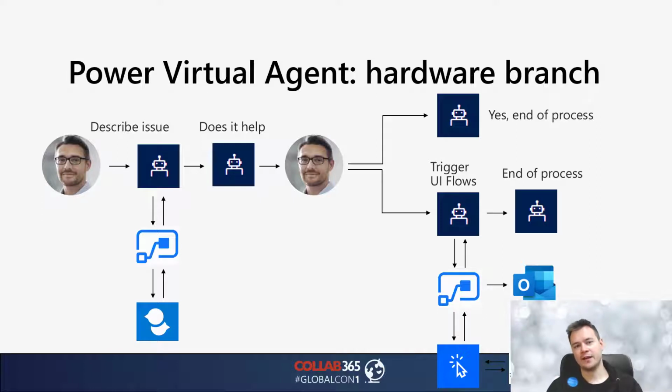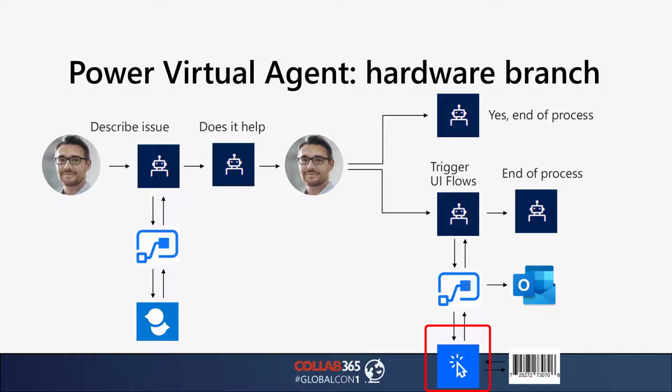then what the chatbot is actually doing is triggering a UI flow that is generating a barcode that is sent to the user, to their email, and then it is also requesting the user to print out this barcode, to attach this barcode to the device that is malfunctioning, and then to send this device to the IT help desk, that is remotely present somewhere, like in a remote location.